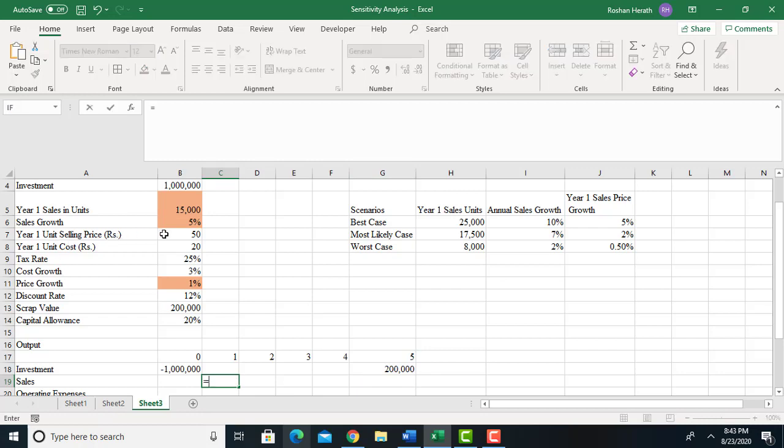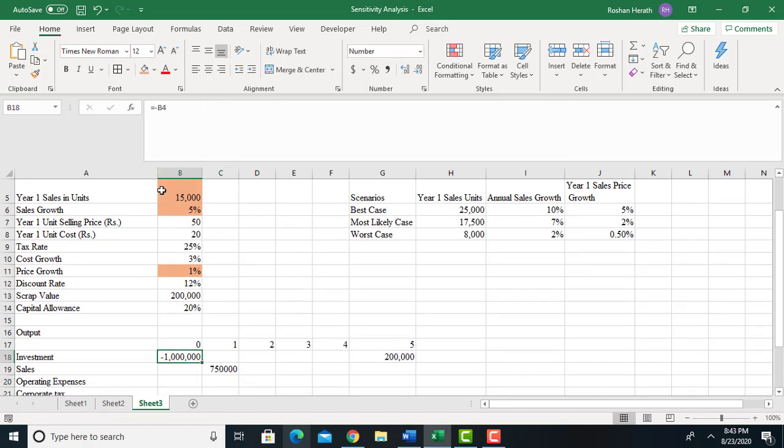So you can get sales units into price. You can even make them constant. Even in the previous cases, it's better if you make them constant. So you can see sales is 750,000: sales units into sales price.